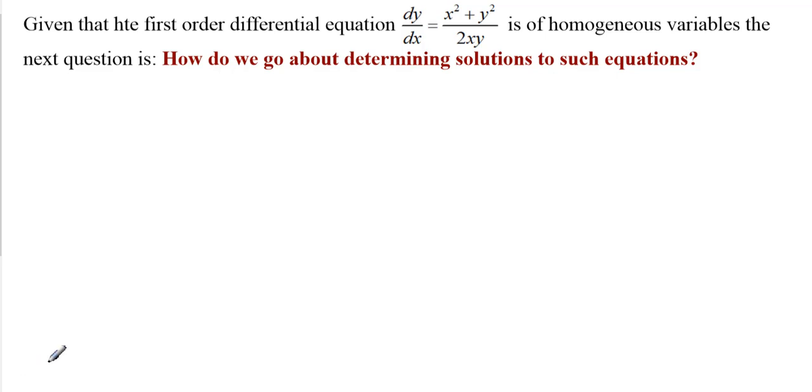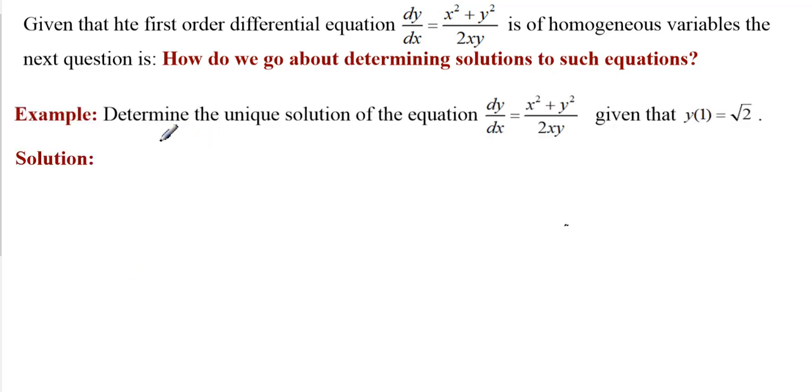So the question will be, how would we go about determining that solution? Let's say we're asked to determine the unique solution of this equation, given the condition y at 1 is equal to square root of 2.